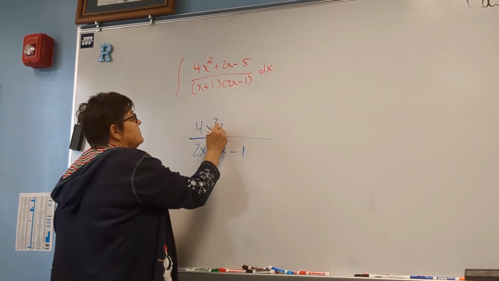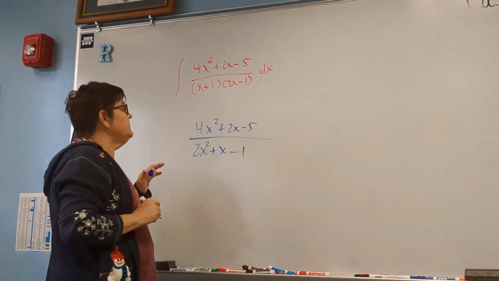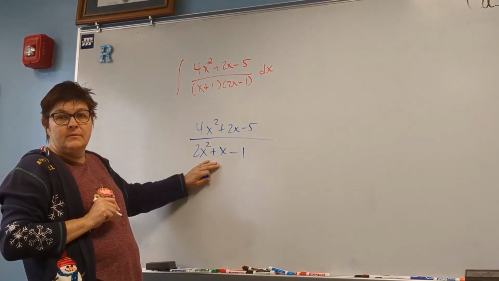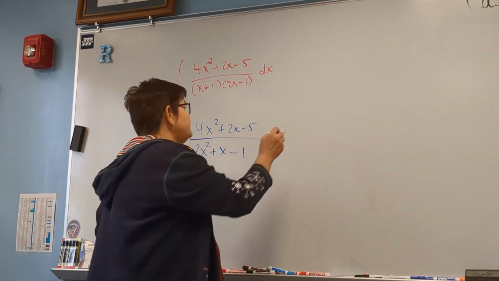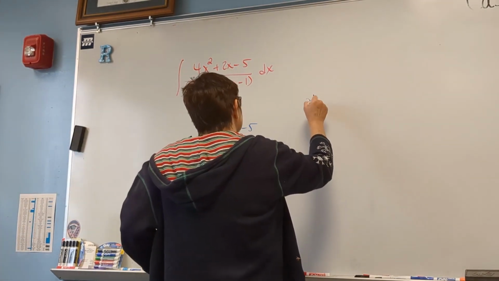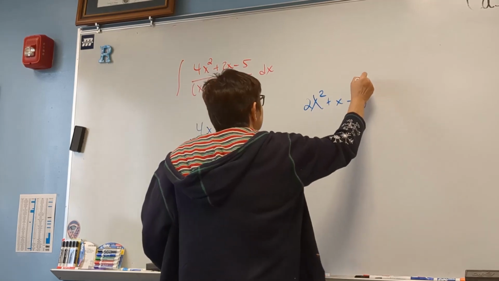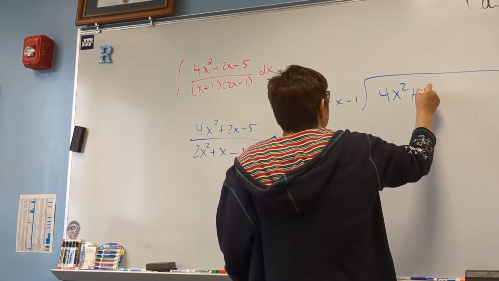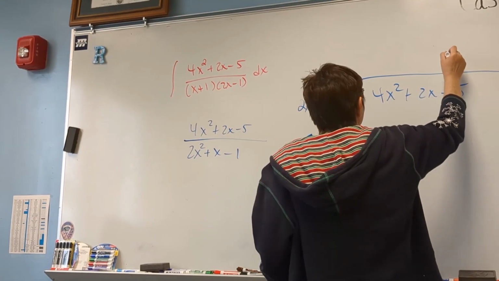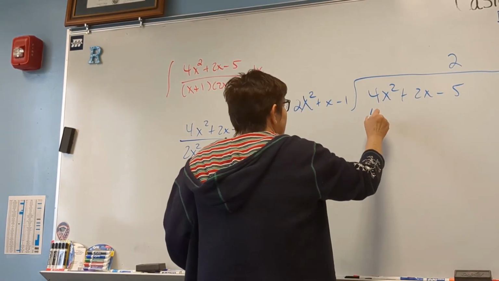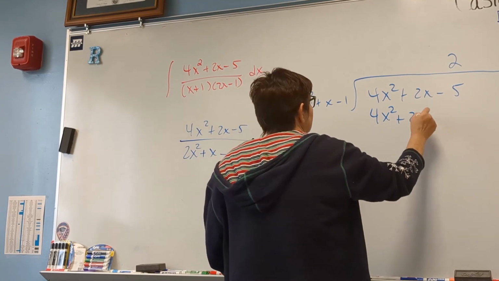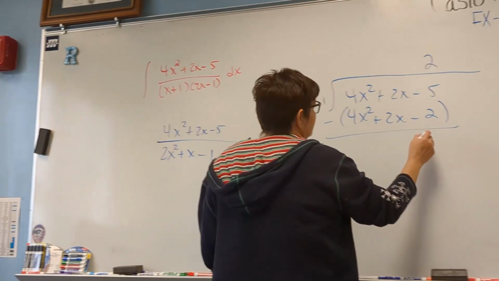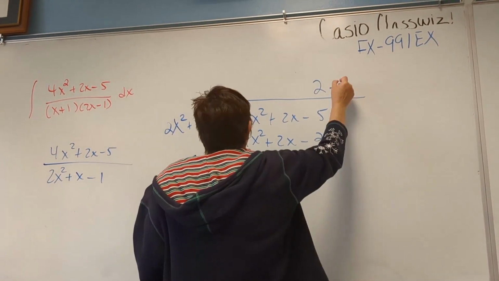Did you get the B? Okay, 6x squared plus x minus 1. -1? Is that what you got for that? Or -2. No, no, no, no, no. Do it before the bell rings.